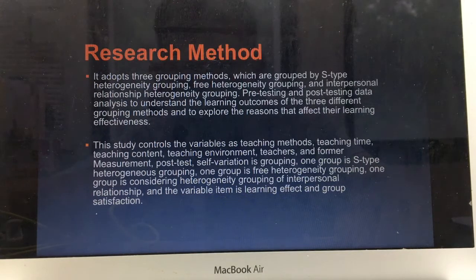This study controls variables such as teaching method, teaching time, teaching content, teaching environment, teachers, and formal measurement. The post-test independent variable is grouping. One group is S-type, one group is free grouping, one group considers the internal interpersonal relationship, and the dependent variables are learning effect and group satisfaction.